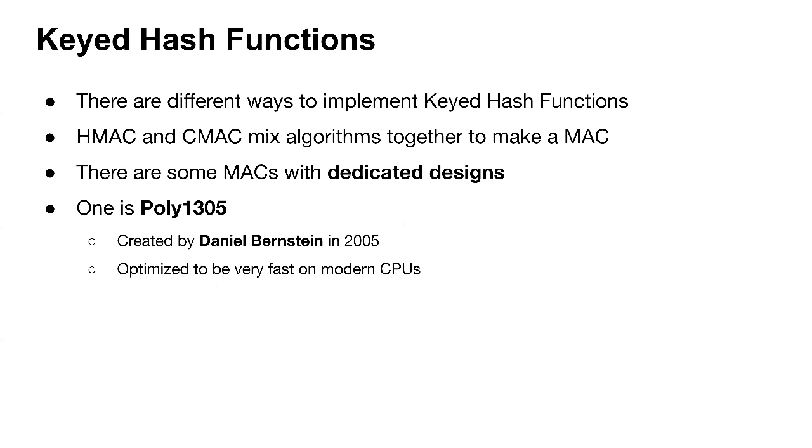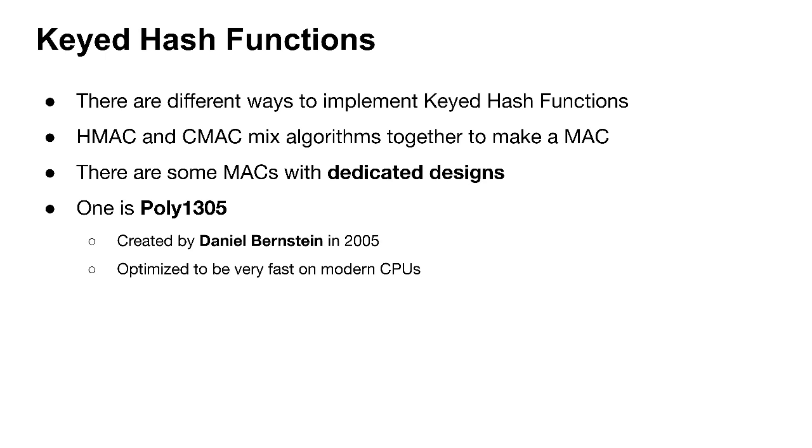HMAC and CMAC mix together algorithms to make the output message authentication code. And there are some MAC algorithms that have dedicated designs that aren't mixing together sub-algorithms. One of these is a somewhat newer algorithm, in the scope of cryptography, called Poly1305, which was created by Daniel Bernstein in 2005.